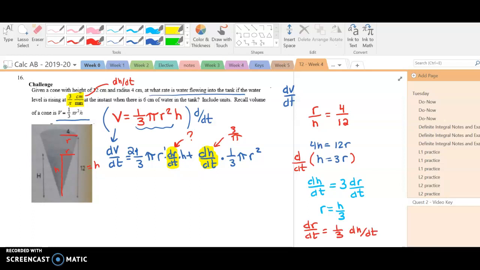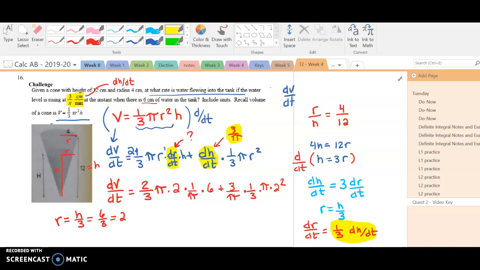And this last one is the one that's most handy, because I was given this 3 over pi as dh/dt. So that means dr/dt is really 1/3 times 3 over pi. Those cancel out. And so now I can substitute in for these two pieces of information.